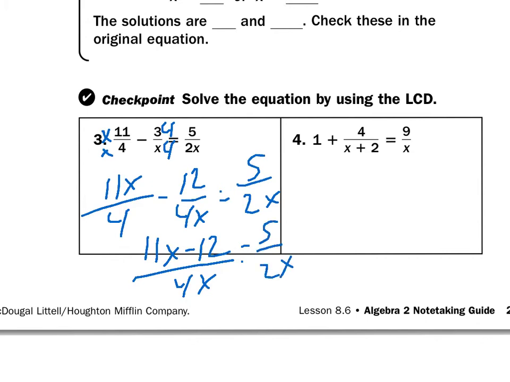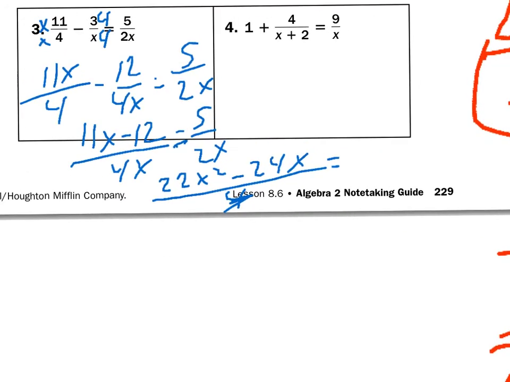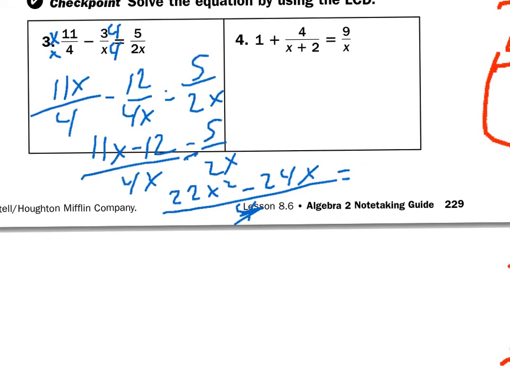If I just straight up cross multiplied this, it would lead me eventually to a right answer. I would end up with 22x squared minus 24x equals 20x.